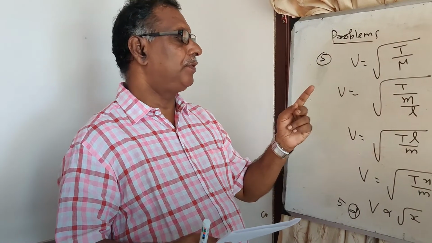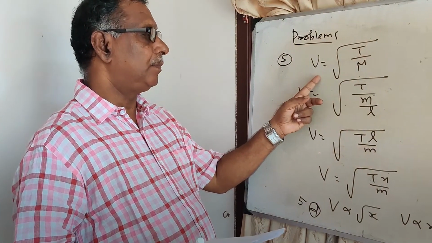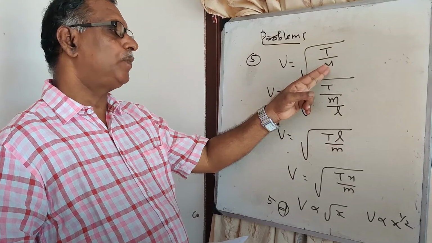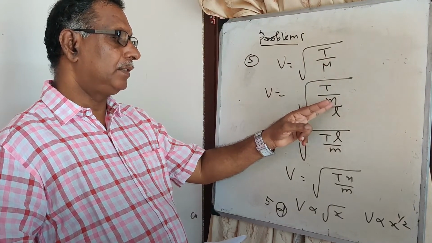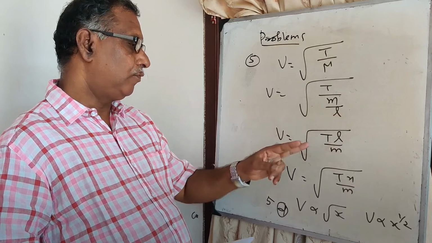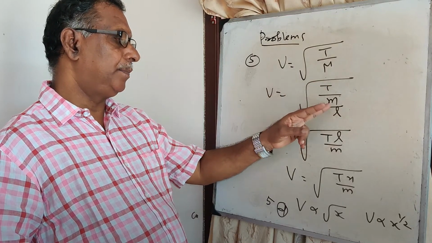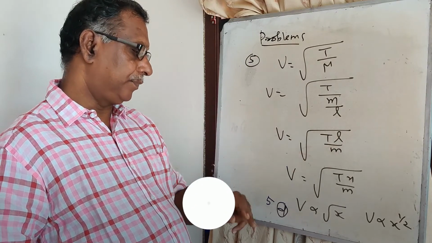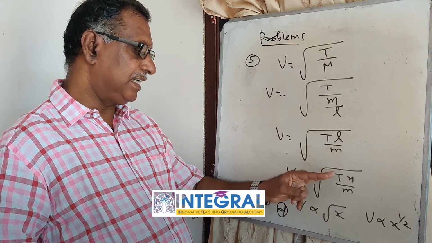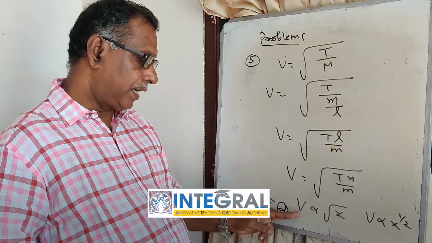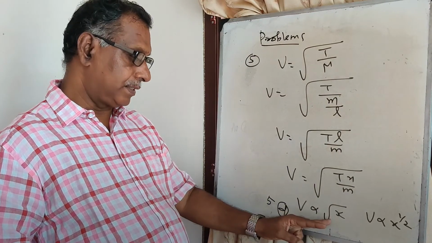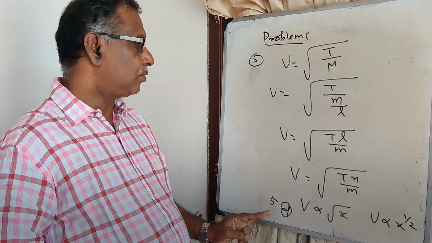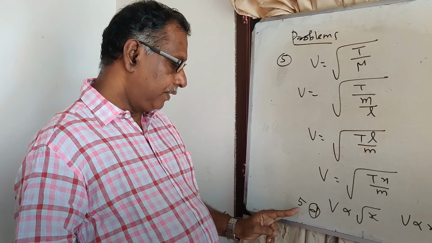The velocity of transverse waves in a string is given by v equals root of T by mu, where mu is the mass per unit length, which can be written as m by L. Therefore v equals root of T divided by m by L, or v equals root of TL by m, or v equals root of Tx by m. Therefore v is proportional to root x, or x raised to half. So the answer for question number 5 is D.